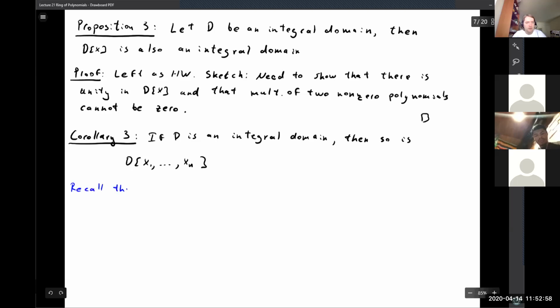Last time we associated a field of fractions to every integral domain.